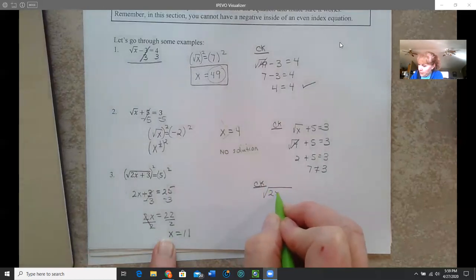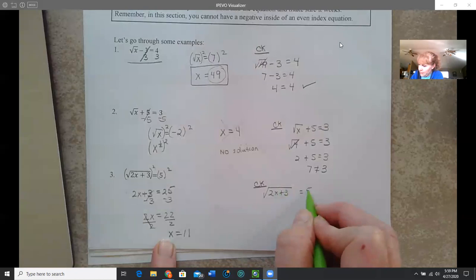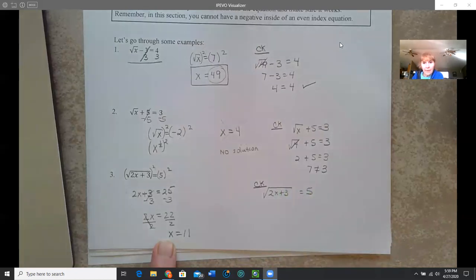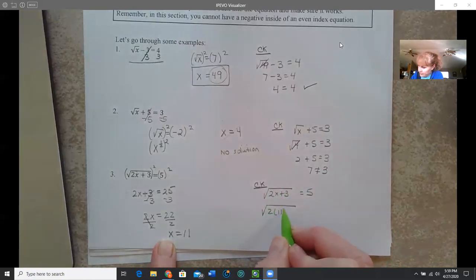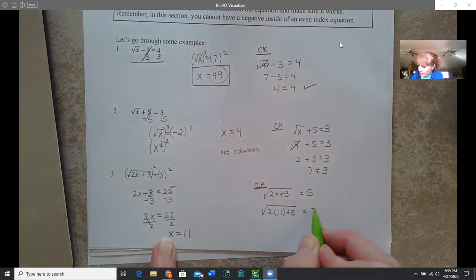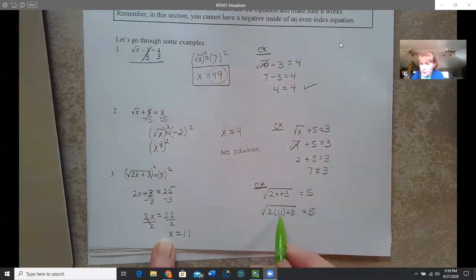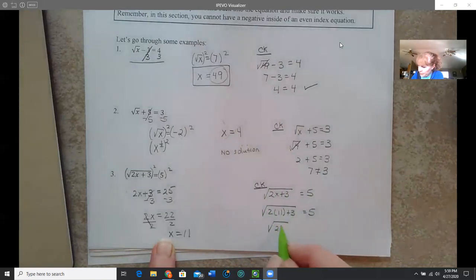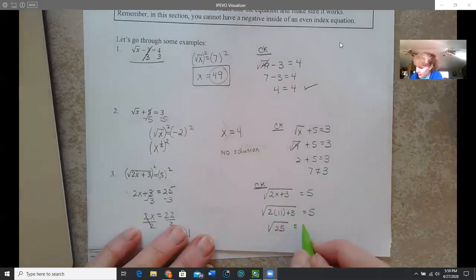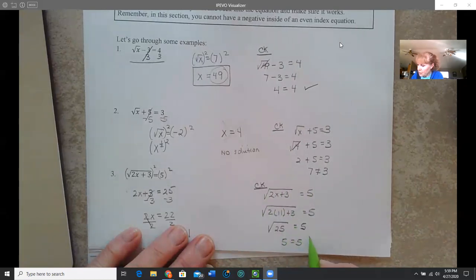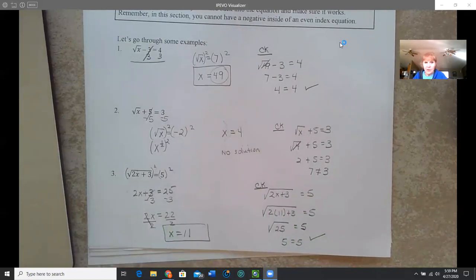I'm going to copy over the original, and I will put an 11 in for the x. Okay, this is 22 plus 3, which is 25. The square root of 25 is 5. It checks. So our solution is x equals 11.